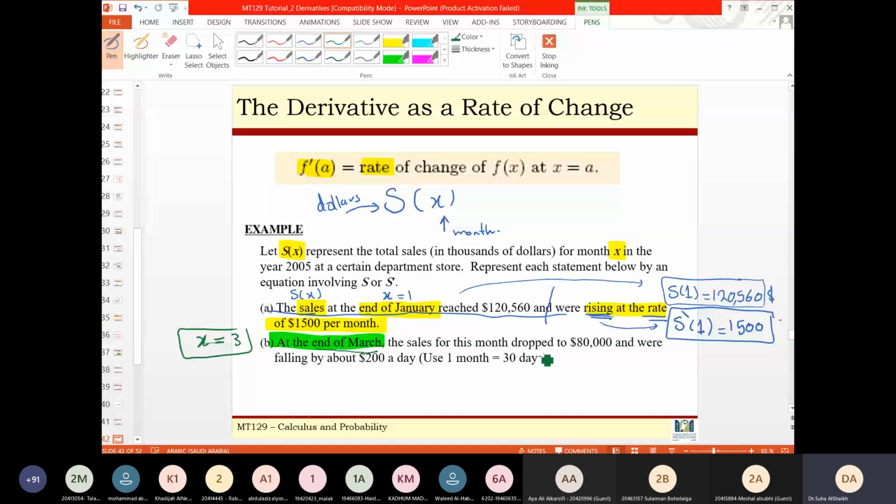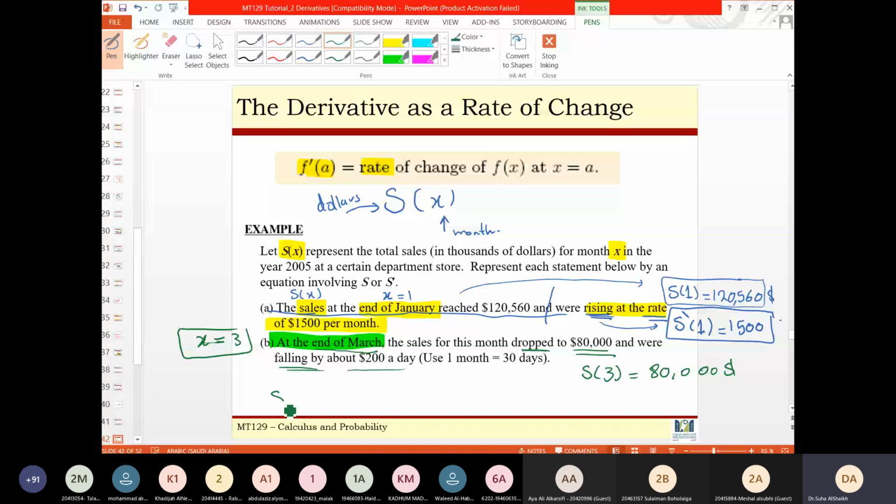So the sales in month 3 became $80,000. And it was falling about $200 a day. In one day it was falling by $200. Falling, meaning decreasing, right? Falling means derivative. So it's S dash at month 3.